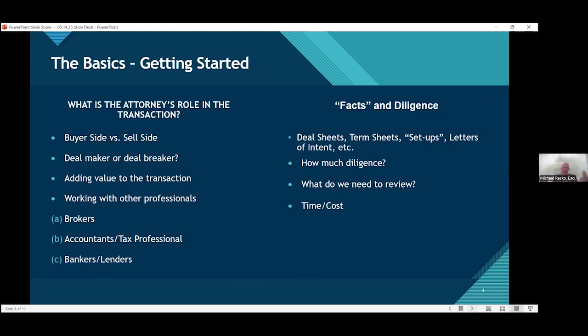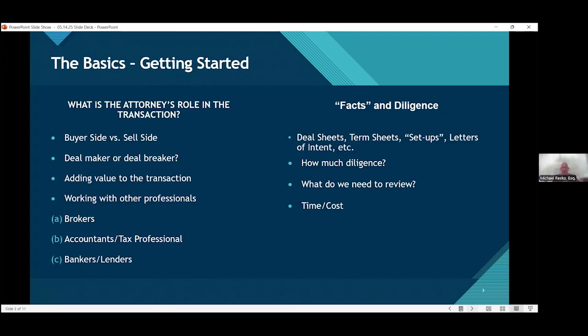In the asset purchase transaction, we're really taking on only the assets, and in some cases liabilities, but typically not assuming any liabilities of the selling entity. So our diligence is different, because the risks are different.